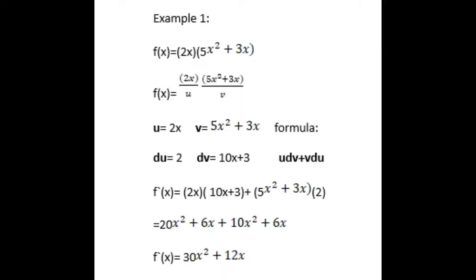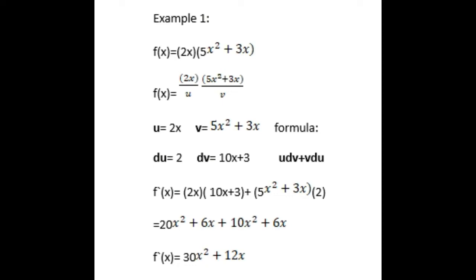We will figure out the derivative of f of x is equal to 2x times 5x squared plus 3x. The formula of the product rule is u dv plus v du. Then, grab our two functions. The 2x is our first function, and 5x squared plus 3x is our second function.